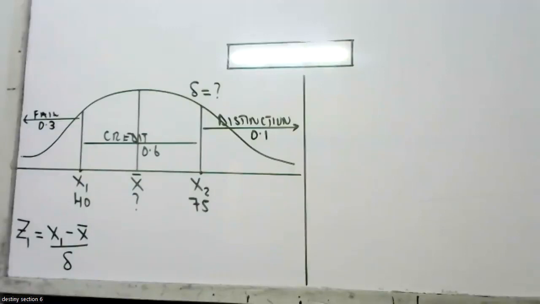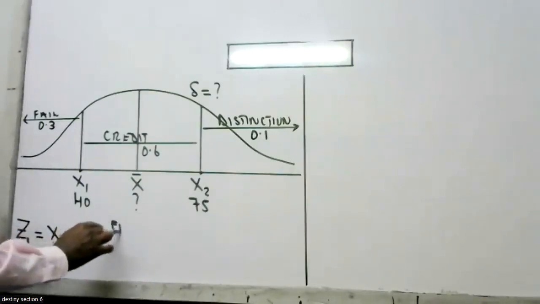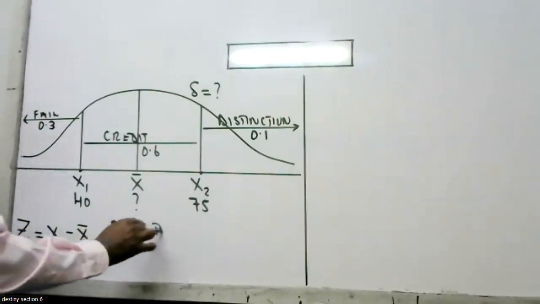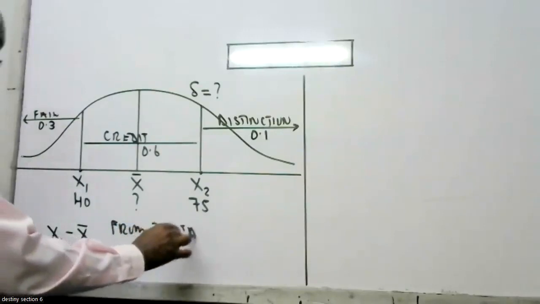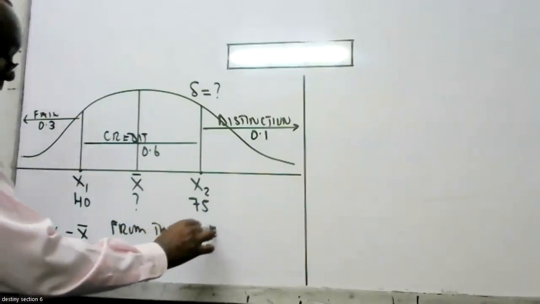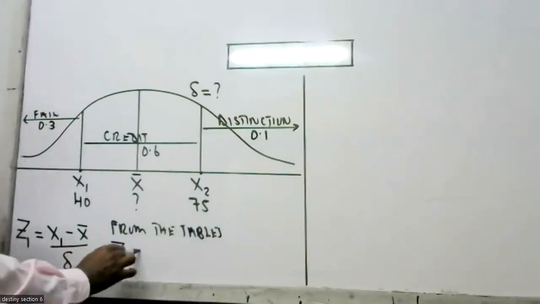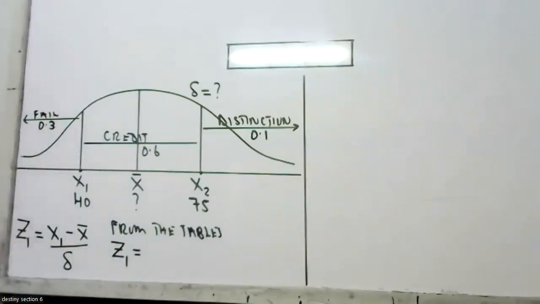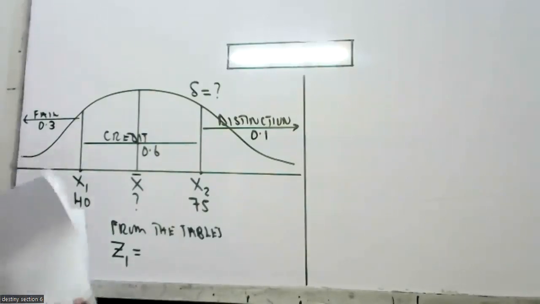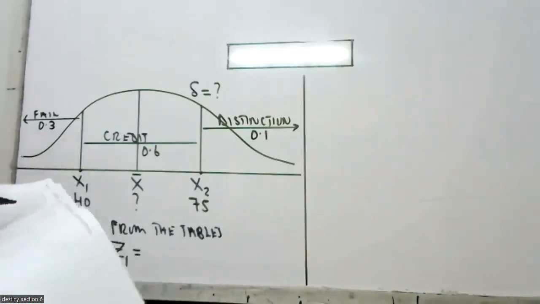So we can say from the tables, Z1 is equals to. So go to the tables, we go to the normal tables.